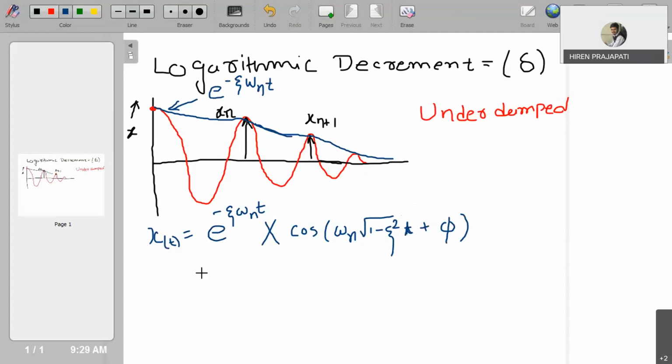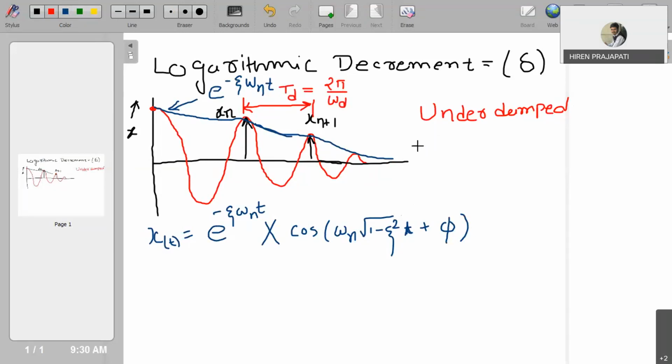If I assume this represents xn, this x-axis is indicating time, right? So the time period of oscillation means the time required for completion of one cycle. This is Td, and Td is nothing but 2 pi by omega d.